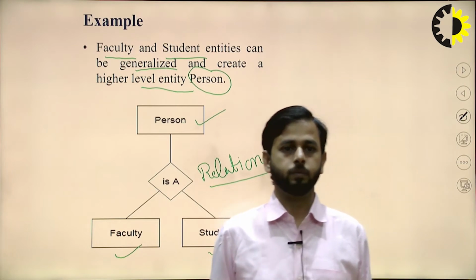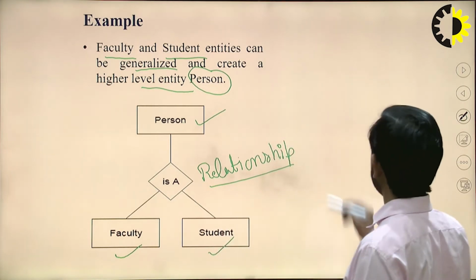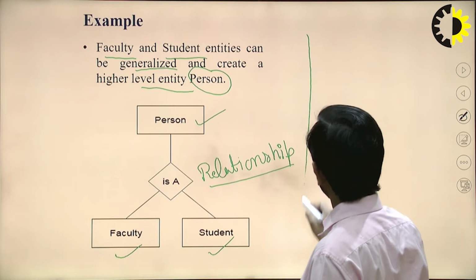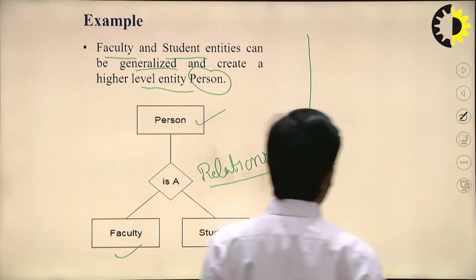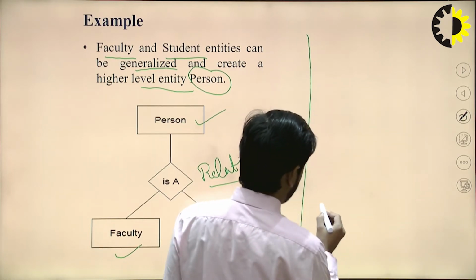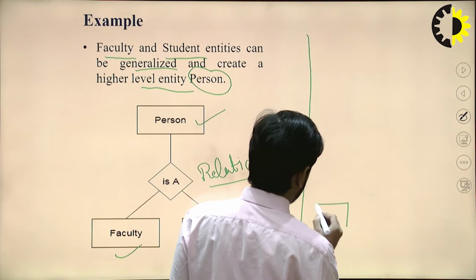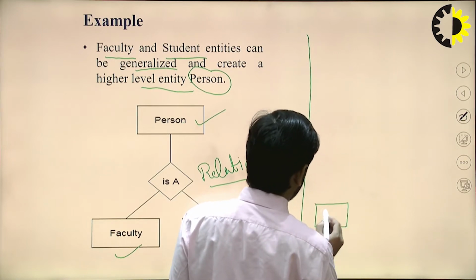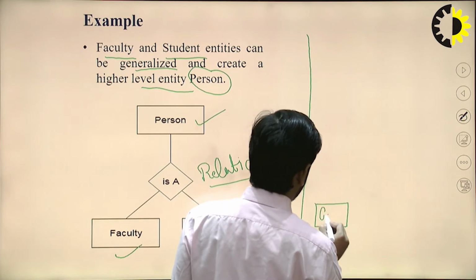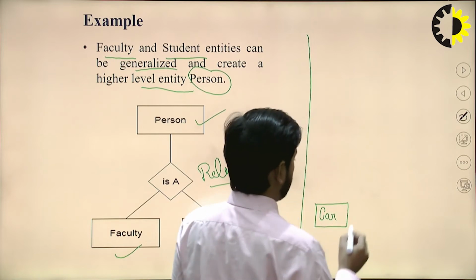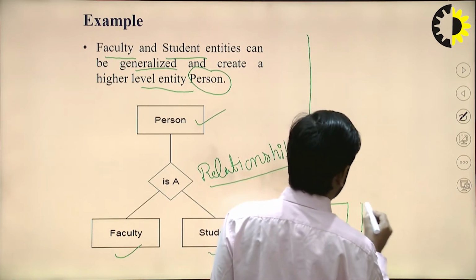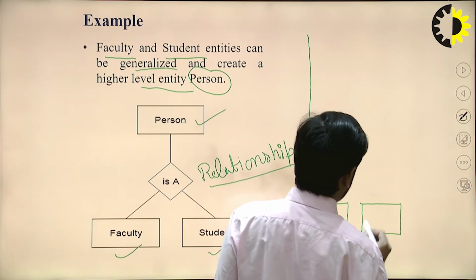Let's take one more example. Suppose I write one entity car, another entity bike.